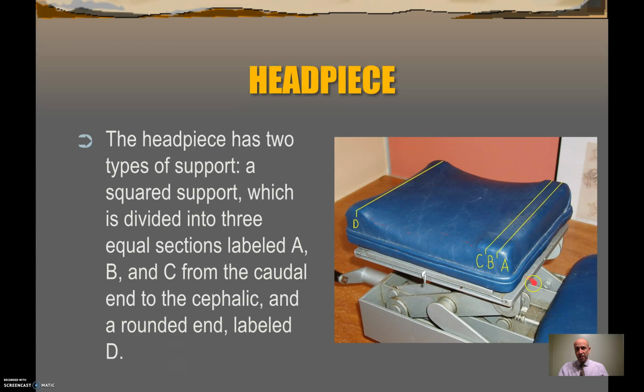And so then for clarity in teaching, what we did was we split the square headpiece into thirds, labeling from its caudal end A, B in the middle, C is on the cephalad end, and then the headpiece can be rotated and the D support can be used. And the D only has one support on it because being a rounded support, any point that is the highest point is the pivot point.